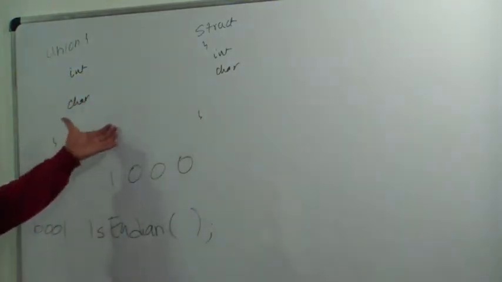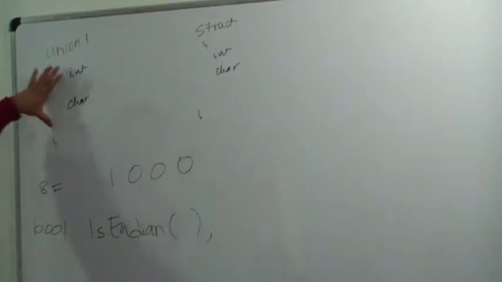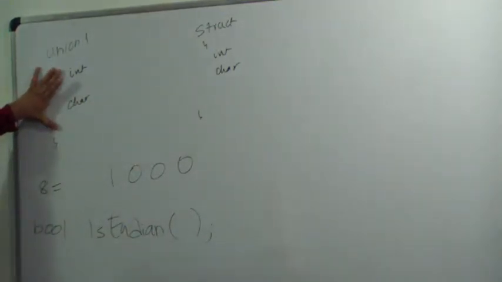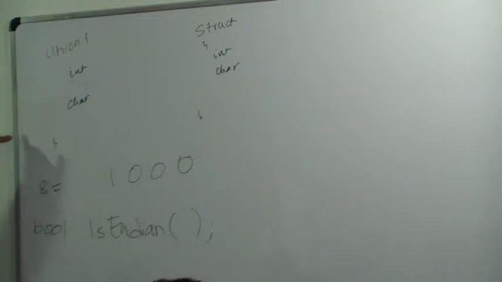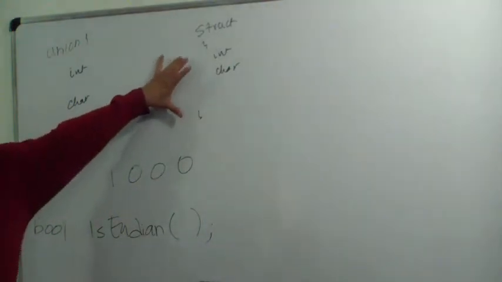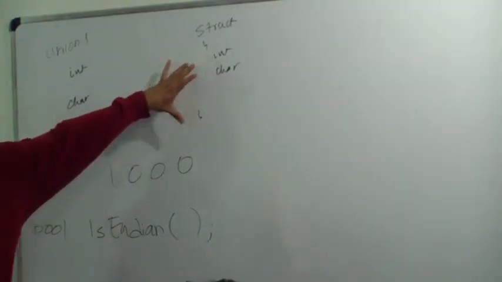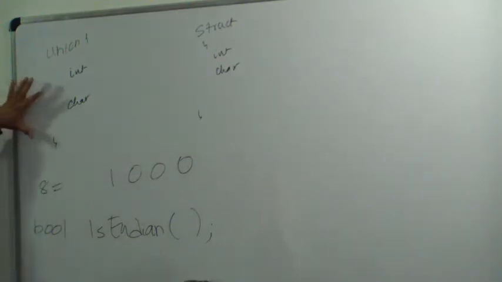The difference between a union and a structure is whatever components the union has inside it, they take the same space on the compiler. Over here, everybody's assigned individual space. Over here, the int and the char share the same space. That's the hint.